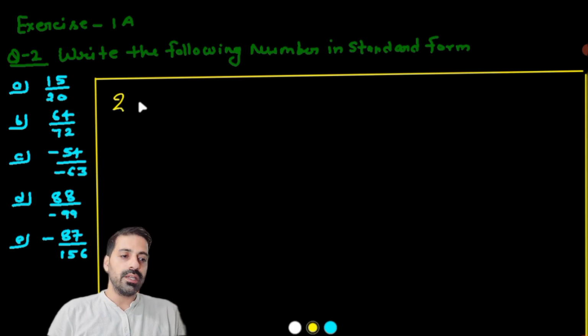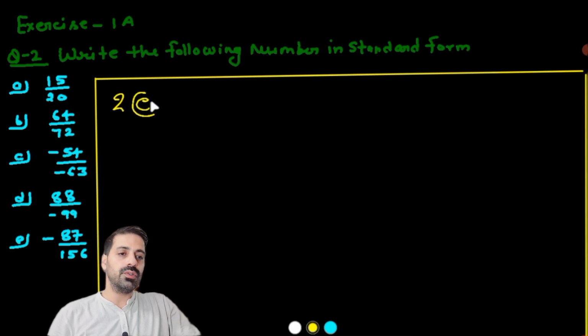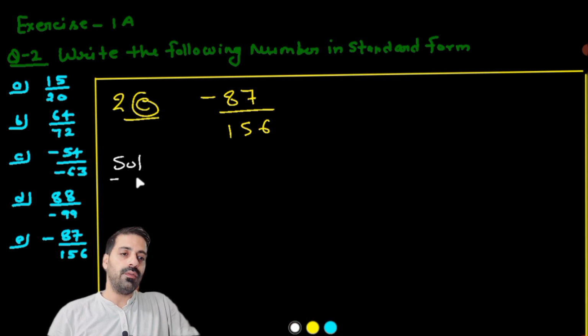Now move to the next question, question number 2 part E, that is negative 87 upon 156. How can we solve this question? Again we find the factors.